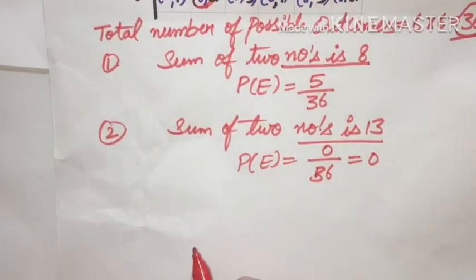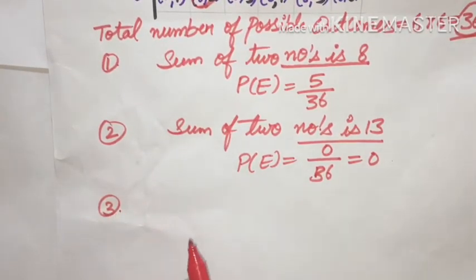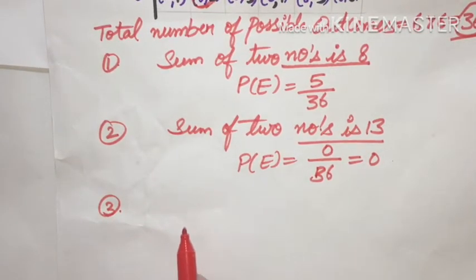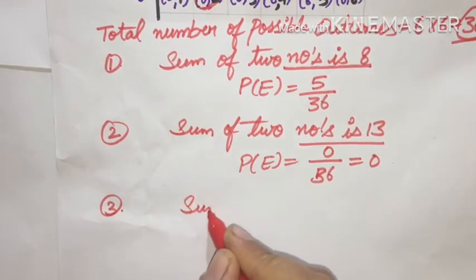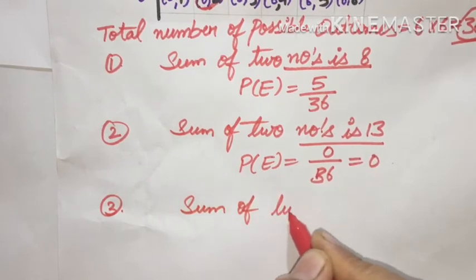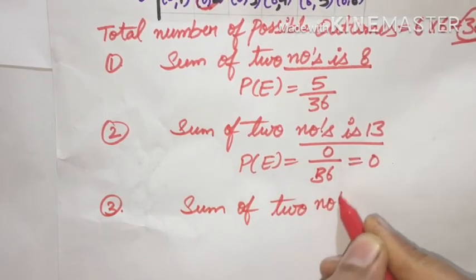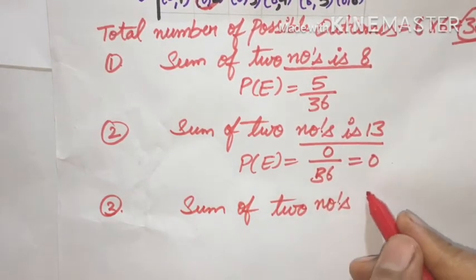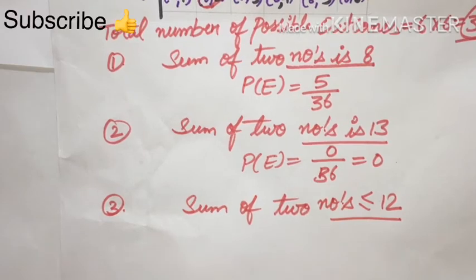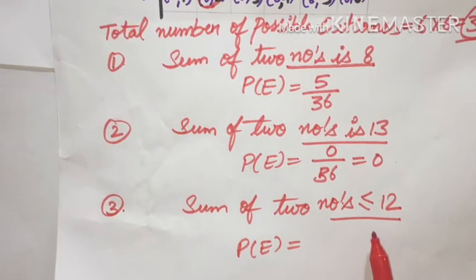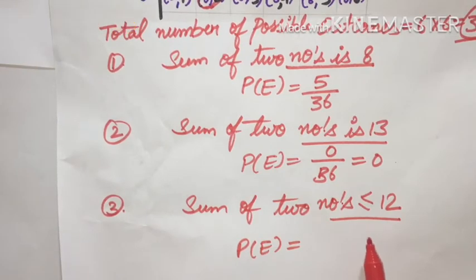Another case, in the case of two dice, is the sum of two numbers less than or equal to 12. If we consider this event, how many favorable cases are there?